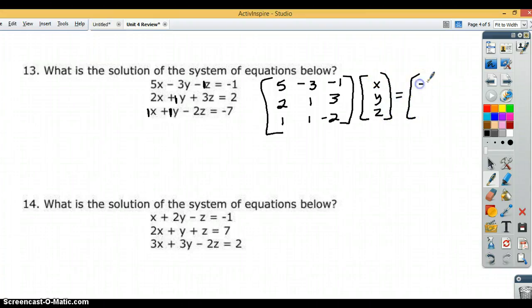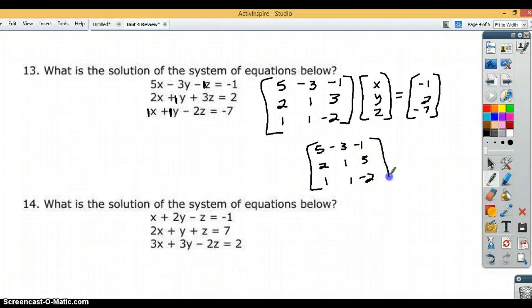Equals negative 1, 2, negative 7. So it's just like the 2 variable one. It's the inverse of this one, 3, 1, 1, negative 2, the inverse of that. And then we have our negative 1, 2, negative 7.